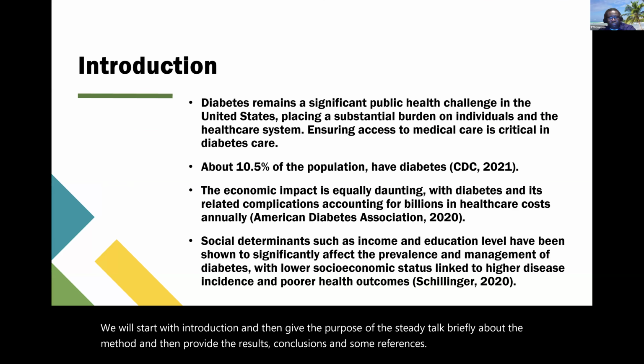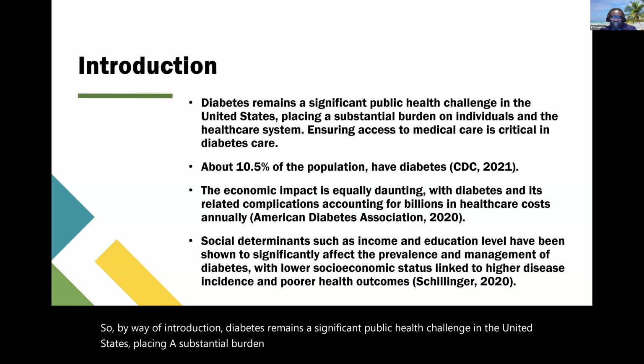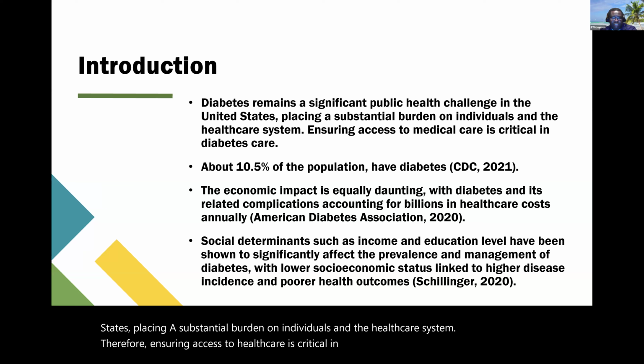By way of introduction, diabetes remains a significant public health challenge in the United States, placing a substantial burden on individuals and the healthcare system. Therefore, ensuring access to healthcare is critical in diabetes care.